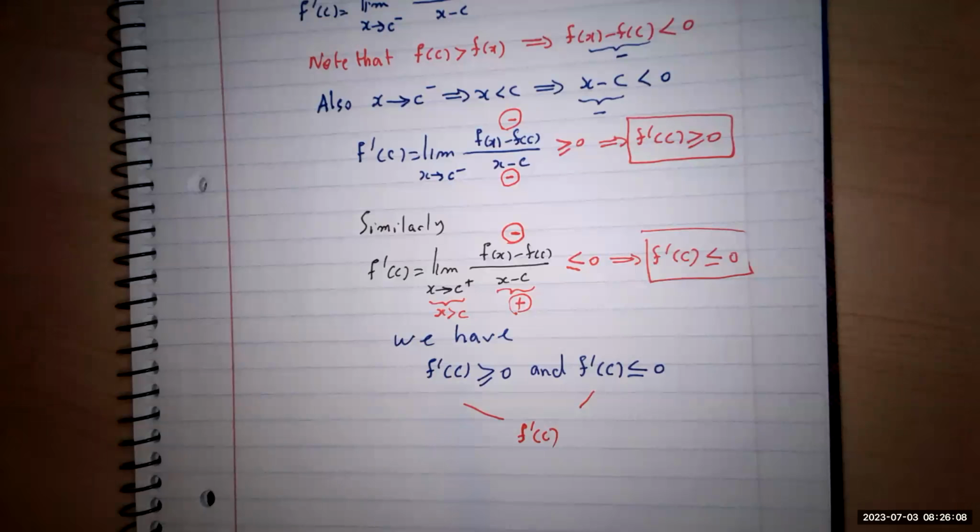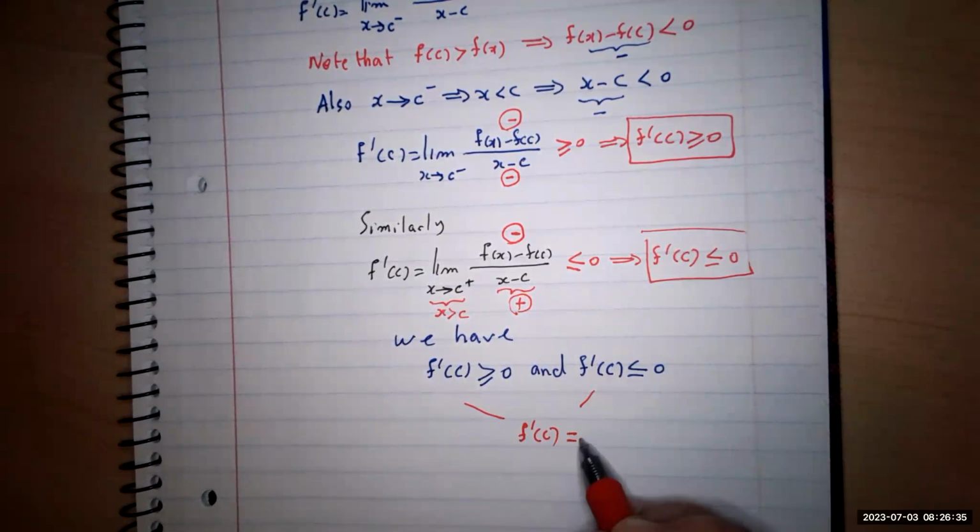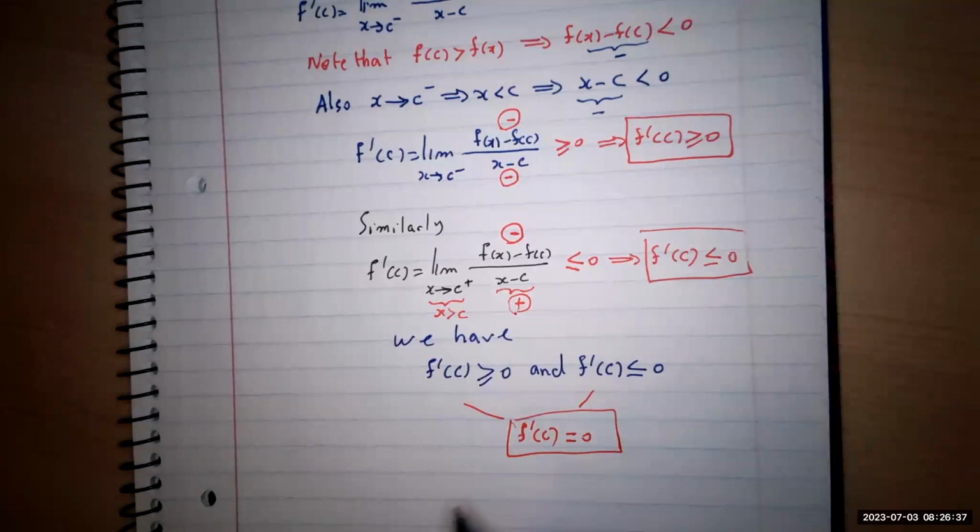If you consider any number, what are the possibilities? A number can be positive, negative, or 0. You want your number to be greater than or equal to 0 and less than or equal to 0, so you cannot have it be both positive and negative. So the only case you can have is that f prime should be 0. That's it. Great theorem.